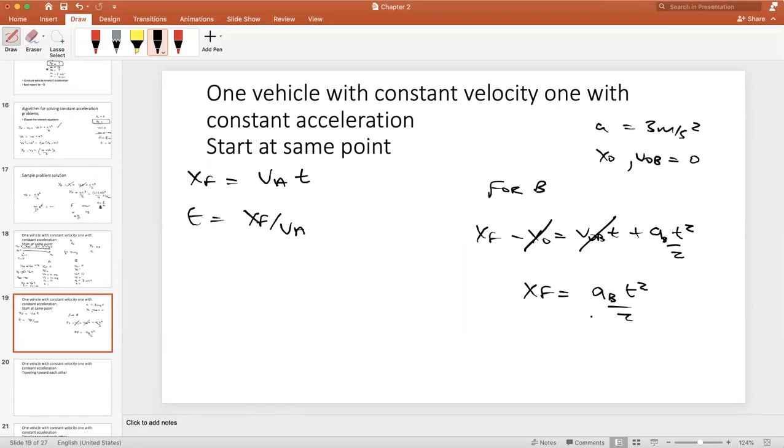You could also solve this for t. You would get t is square root of 2 times x final over aB. Now, I can do one of two things.